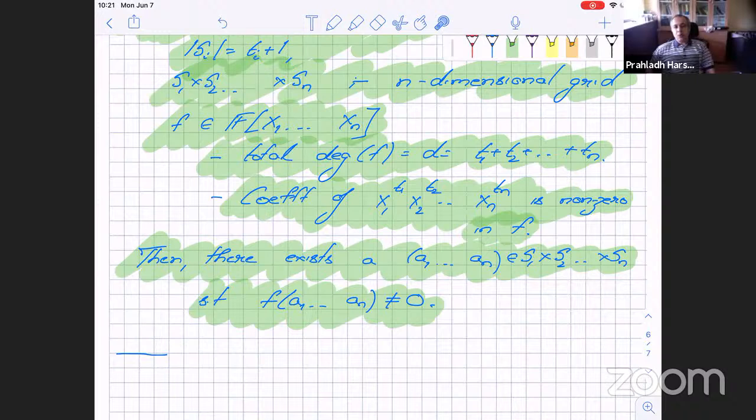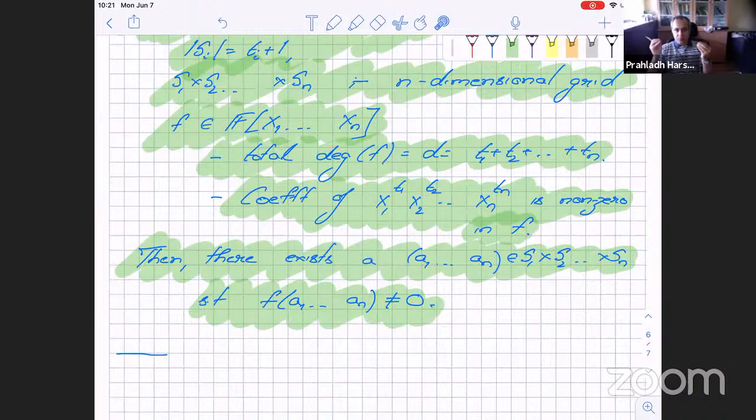But all I'm claiming is if you only care about the evaluation of the polynomial on this grid, and the grid has these dimensions, and there's a particular coefficient which is non-zero, then this polynomial cannot vanish fully on the grid. So it's similar in spirit to Schwartz-Zippel in that sense. There is a point where it's non-zero.